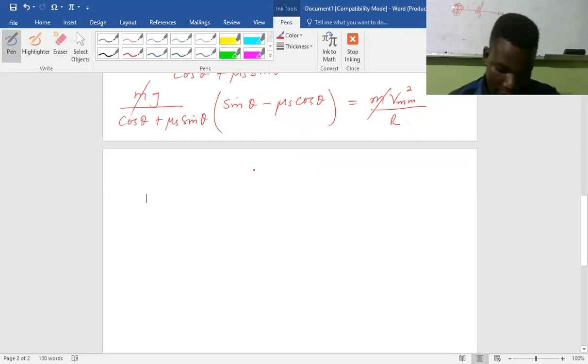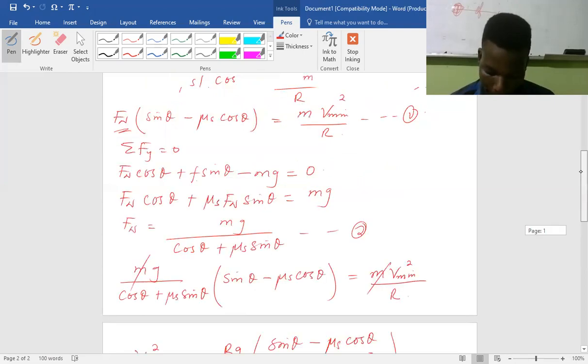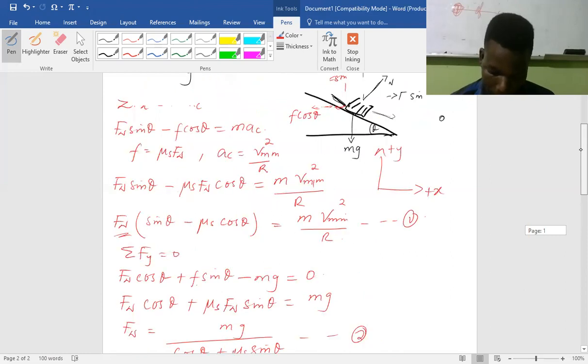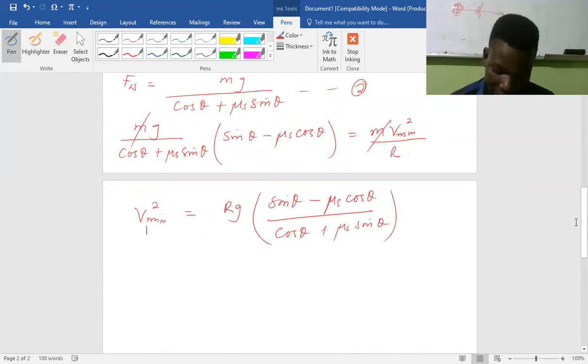So we're going to have v min squared is equal to rg times sine theta minus mu s cos theta over cos theta plus mu s sine theta. So that is what we have.